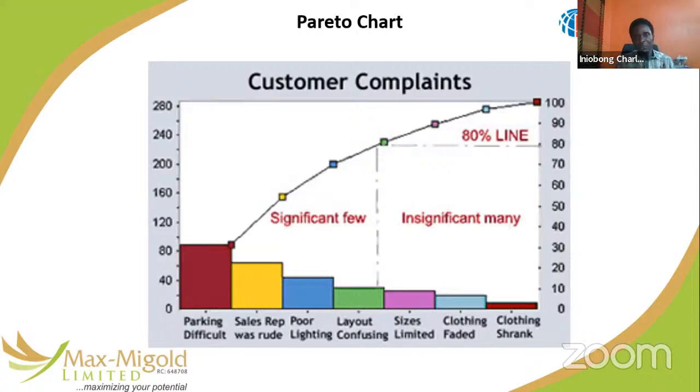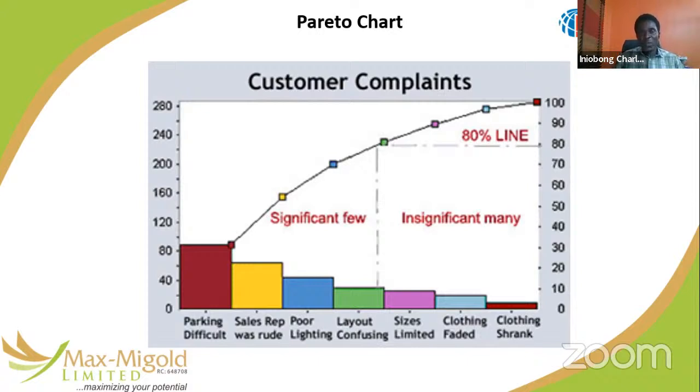This is a chart that shows you that 80% of issues that happen are caused by 20% of the causes in many cases.